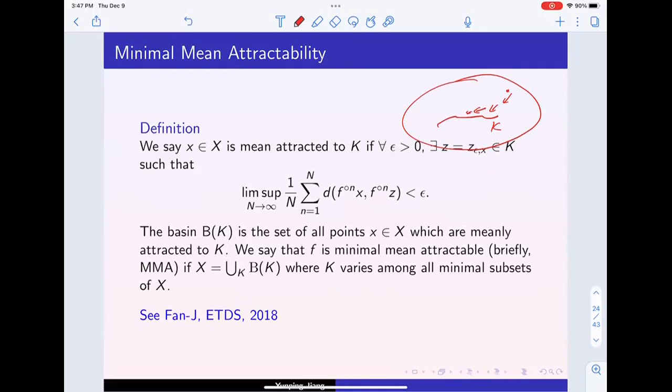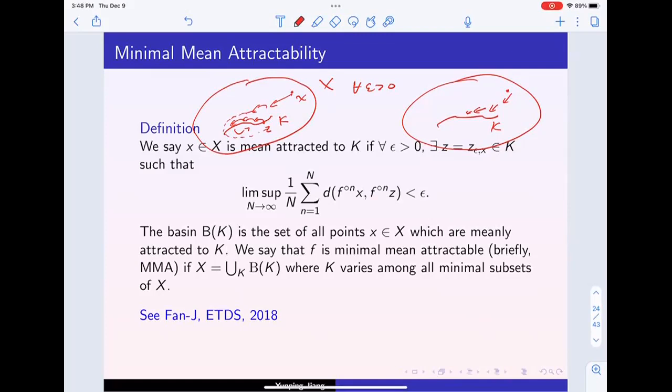But what I'm trying to define is a different way to see how you attract every point. Suppose I have this set X, and I have a K here. For every X here, and for every epsilon, I can find a Z. If you look at the Z orbit, it will be inside K. Then the X orbit will be close to the orbit of Z, but in the mean way, that means in an average way, not every point.